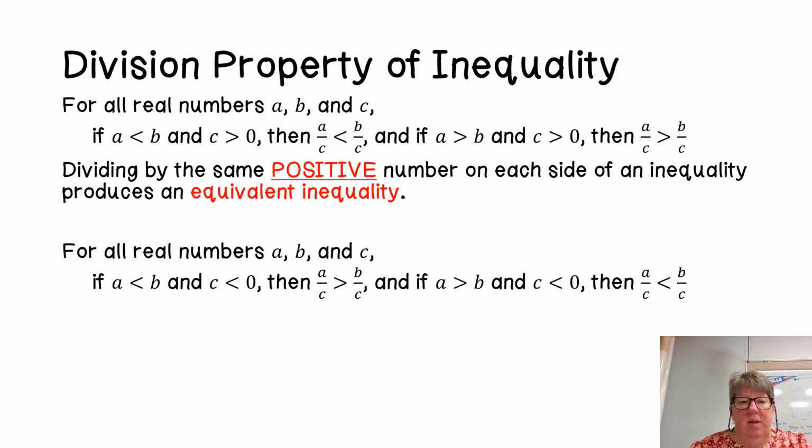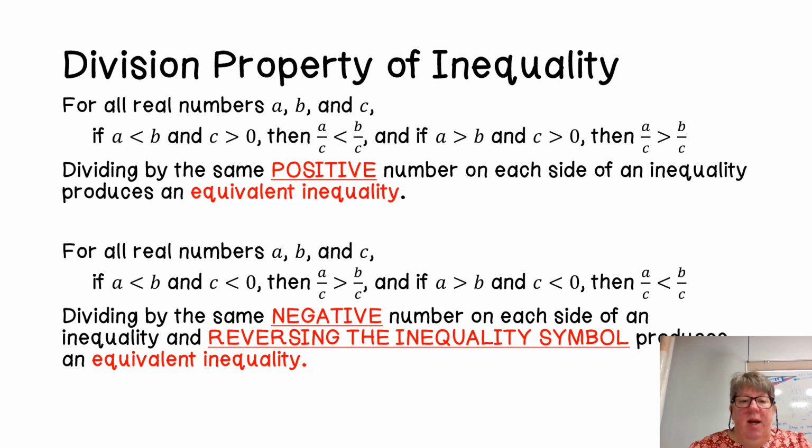Because we can't divide by 0. Dividing by the same negative number on each side of an inequality and reversing the inequality symbol produces an equivalent inequality. So if we divide by a negative number on each side, then again we have to flip the inequality symbol.